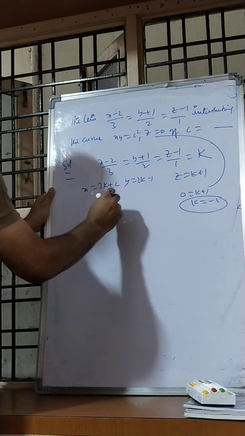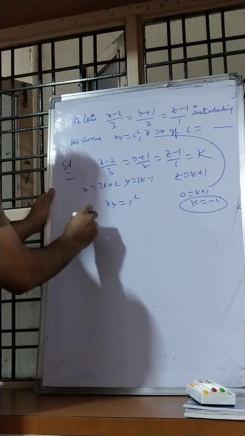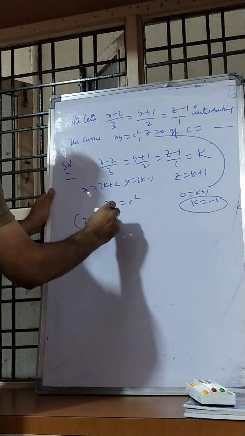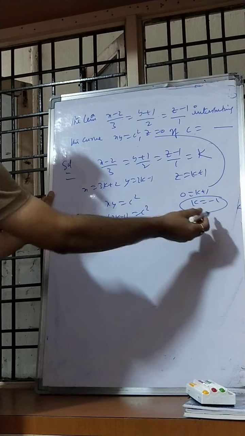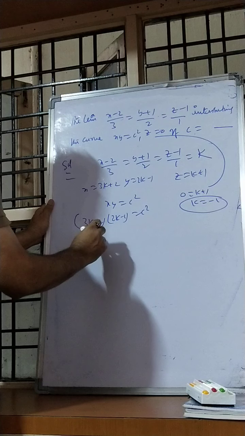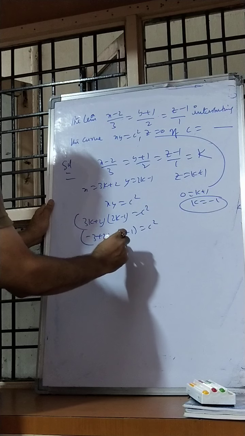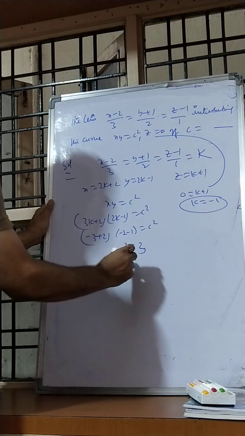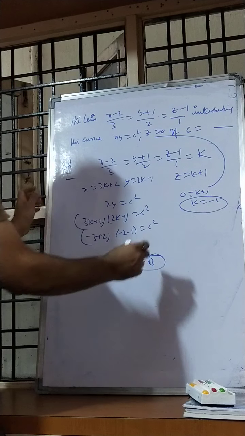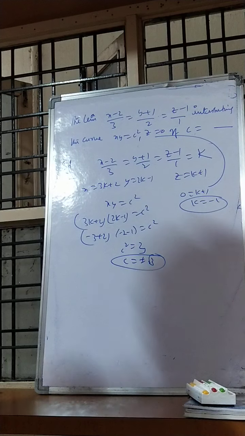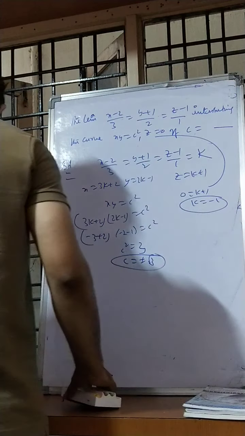But here xy is equal to c square is said. So (3k plus 2)(2k minus 1) is equal to c square. Now you substitute k value. Minus 3 plus 2, this is minus 2 minus 1, c square. So c square is equal to 3 sir. C is equal to plus or minus root 3. Like this you can find. Okay, this is also one of the questions.